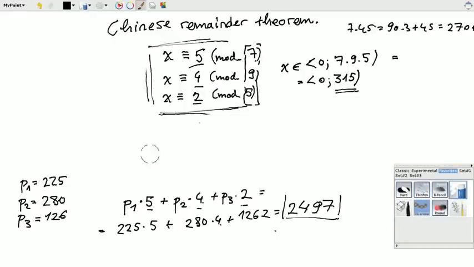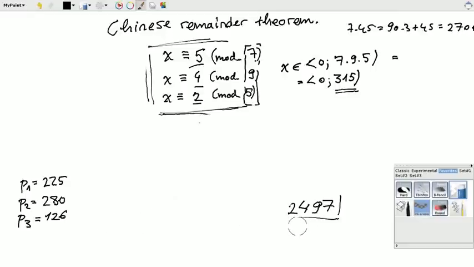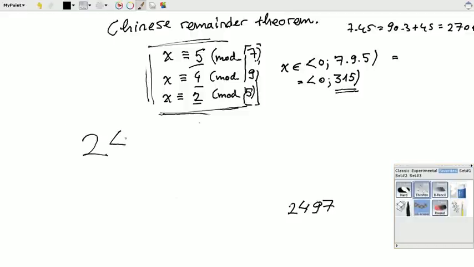So right now I proved that 2497 is a solution to this system of congruences. But as I promised to you, there is also a solution between 0 and 315.